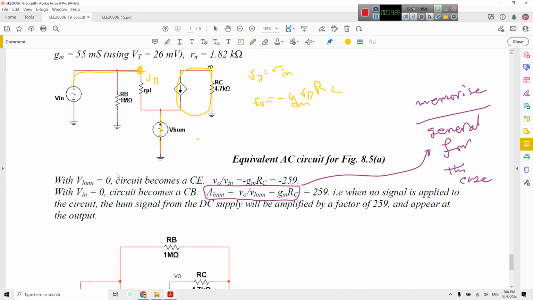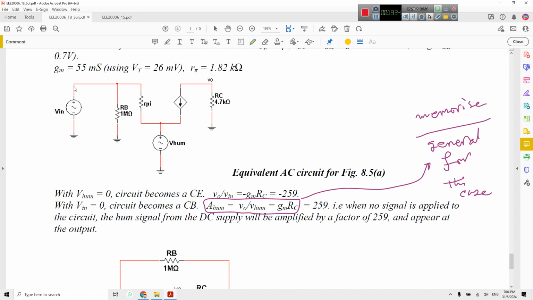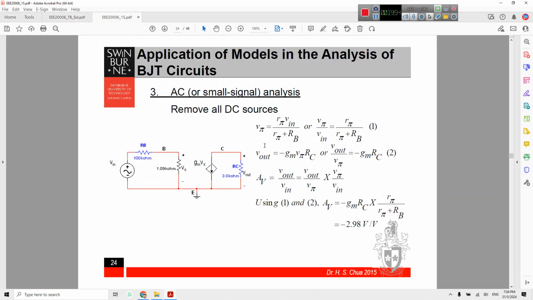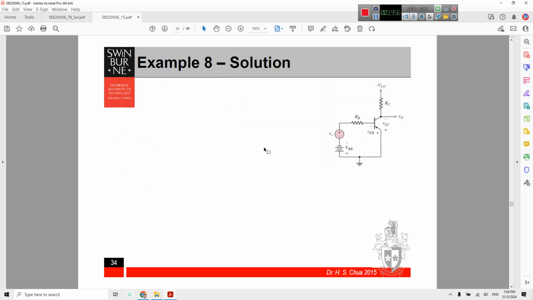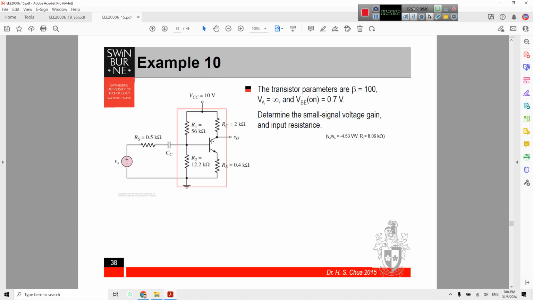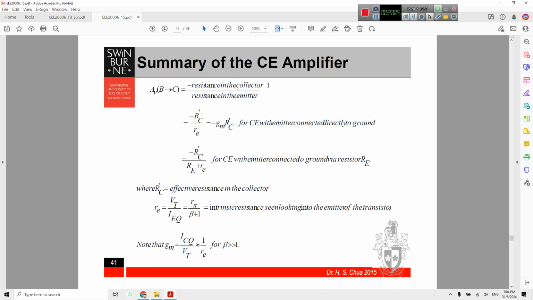Then in the case V in becomes 0, when V in is 0, which is this one, so the 0 is here, and then the A hum is calculated based on this formula, which should be given in the book and in the slide, and you have to focus on this part, which is the basic single transistor amplifier, and this summary of CE.